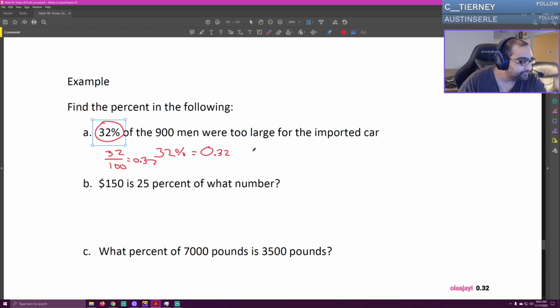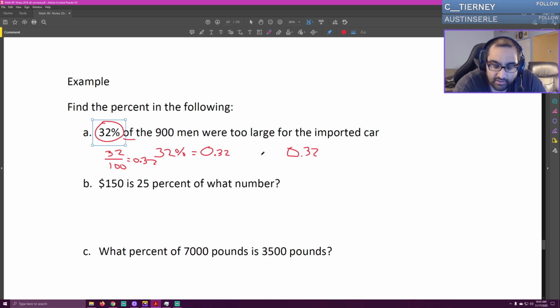Now, if we use the decimal equivalent, 0.32, the next word we see is the word of. Can anybody tell me, what does the word of mean in mathematics? We talked about it in the very first section.